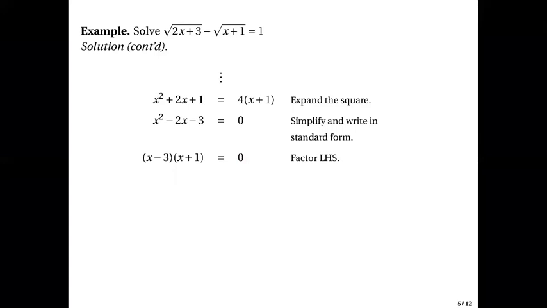And again, for emphasis, if ab equals 0, then a equals 0 or b equals 0. Just to recall this property, we will have x minus 3 equals 0 or x plus 1 equals 0, or that x equals 3 or x equals negative 1.